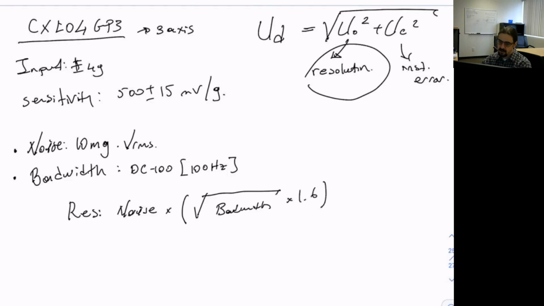So since we know the noise is 10 microGs, correct, and that is equal to 0.01 Gs, okay, and in basically the spec sheet, in calculating the resolution in conjunction with the instrument error, there are two rules that we have to follow, right?